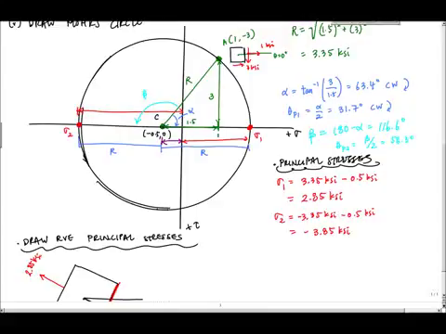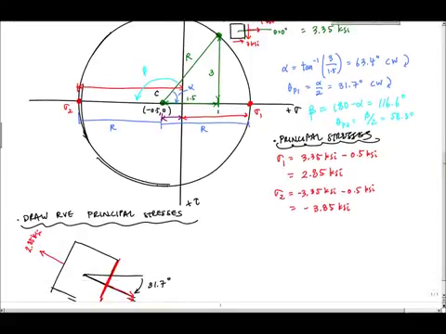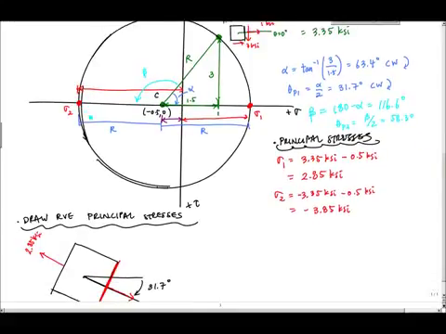That means to get to this face right here, I would have to go from the horizontal 58.3 degrees. If I start again from the horizontal right here, 58.3 degrees will be right here. Look, 58.3 plus 31.7 is 90.